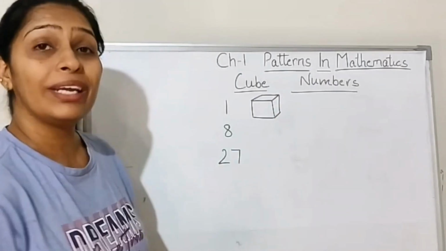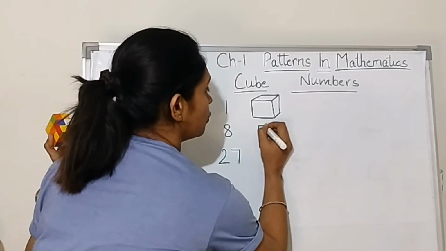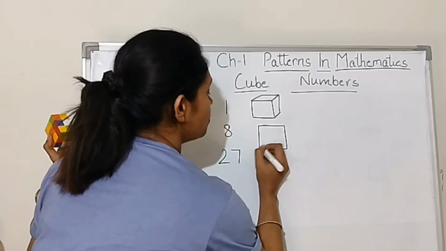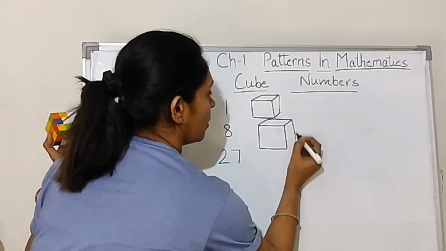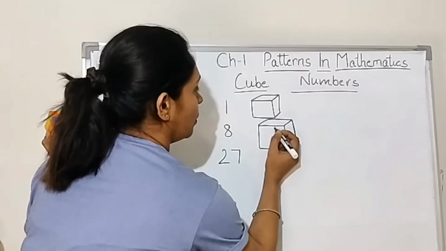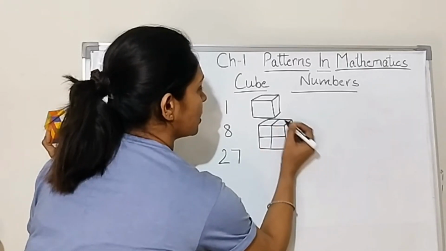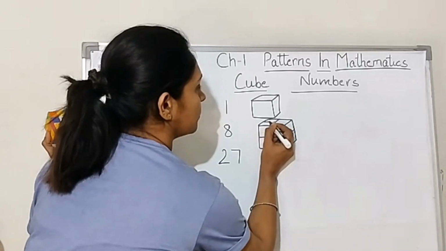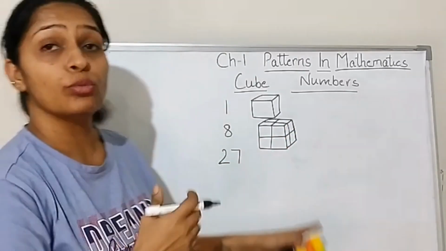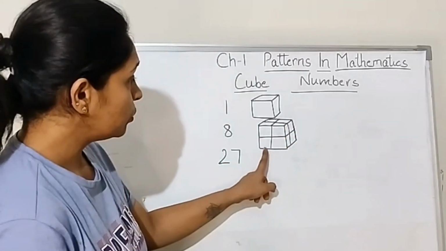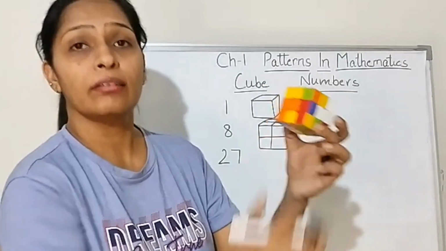If I want to talk about 8, 8 can be formed using these small cubes, where we can plot the numbers and the cubes like this. So this is a 2 by 2 cube. It's 3D and this is going to be a 3 by 3 cube.